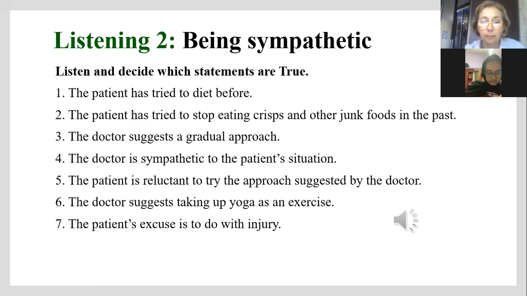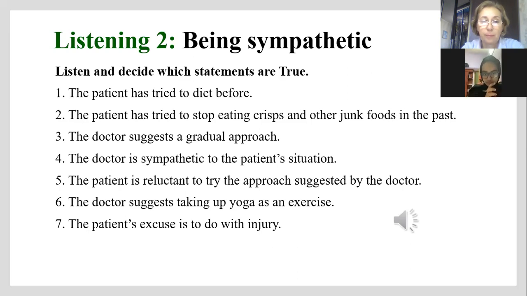It isn't easy to lose weight, as there are so many ways to do it that people find it difficult to choose from them. And there are so many temptations as well. Have you tried to diet before? Yes, but none of them worked. What did you do? I've tried various diets like the Atkins diet, and I've bought various commercial diets, but I found I couldn't stick to them.